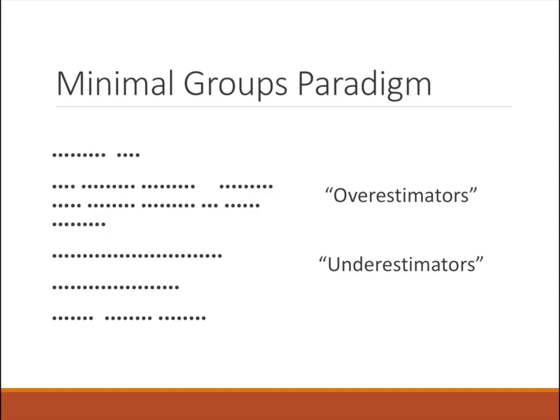Because the whole notion of a minimal groups paradigm is to create an in-group, out-group boundary, to create a social identity based on a subtle manipulation that's meaningless, really quite arbitrary, that was created in 2 minutes, that people don't have strong ties to. So we've done this, and the participants in the study are led to believe that they have been placed in the same group as other individuals who've come up with similar ranges of guesses as they have.